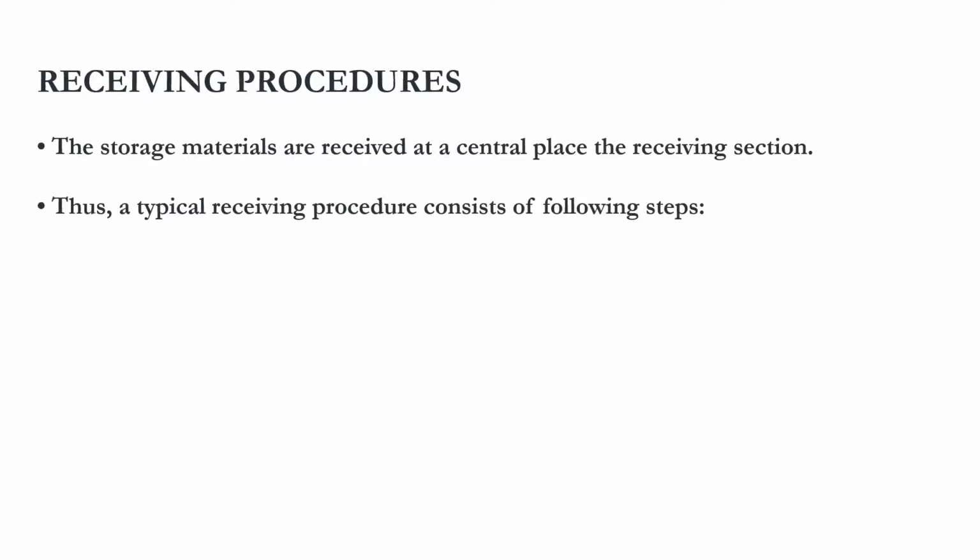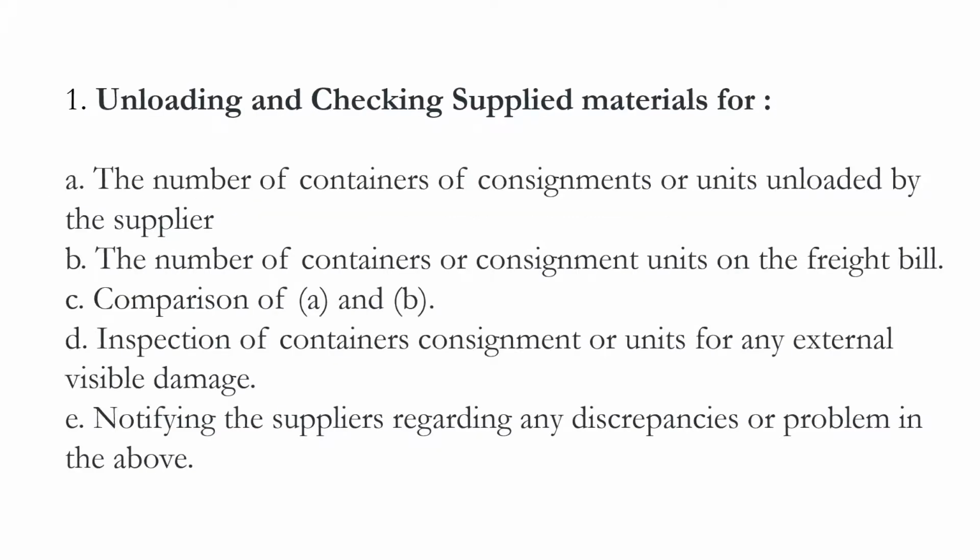Storage material is received at a central place in the receiving section. During unloading, the number of containers of consignment or units loaded by the supplier should be checked. The number of containers or consignment units on the freight bill should be compared: how many containers were sent by the supplier, and how many were received during unloading.